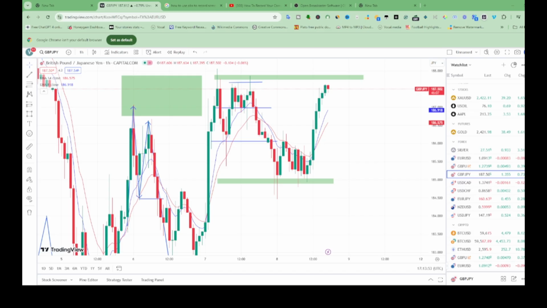The moment you start registering, it will bring you to an interface where you can go in and analyze your chart further.